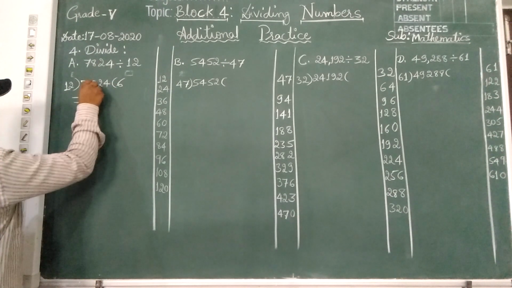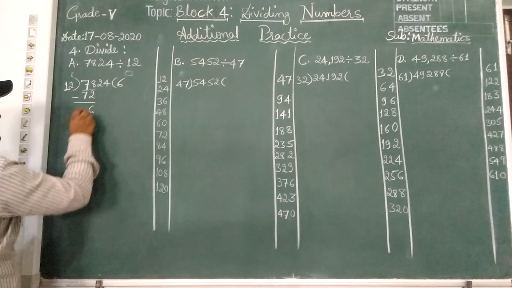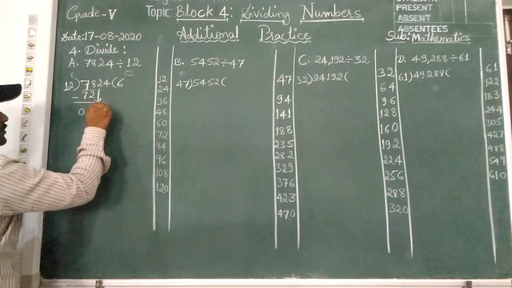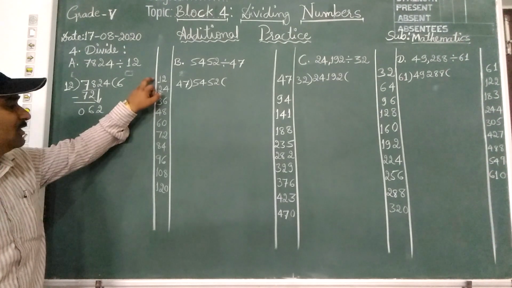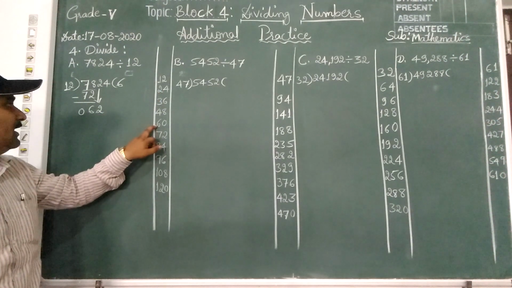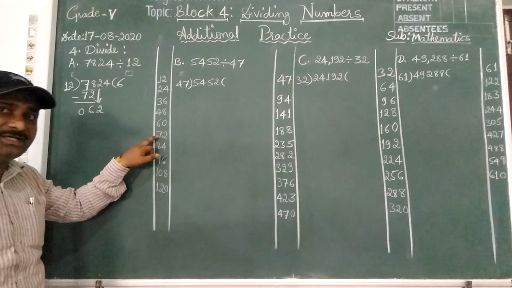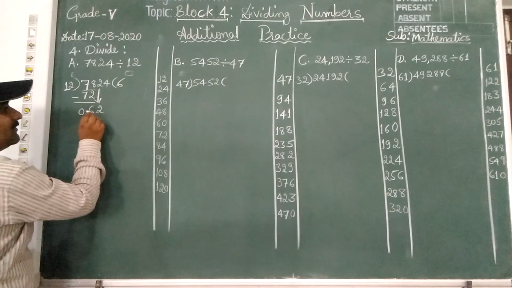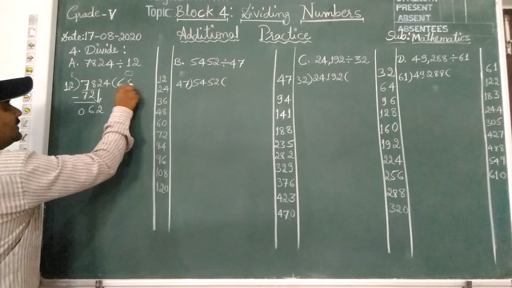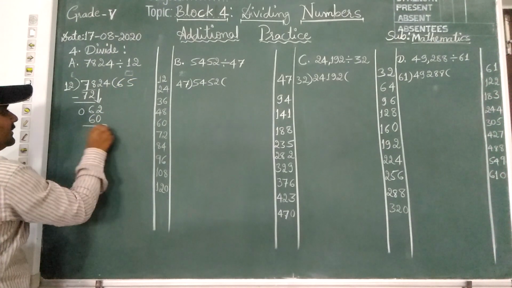So subtract: 8 minus 2, 6. Take next digit 2. Now I got 62. Where will you get 62 here? 72 is greater, I cannot divide, so I should take 60. So 12 5s are 60.